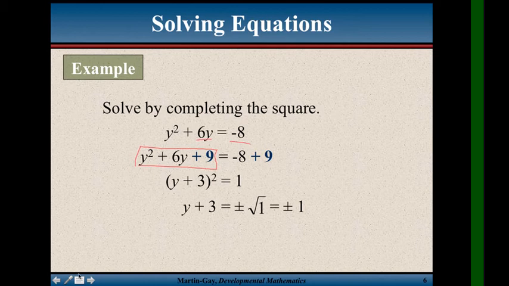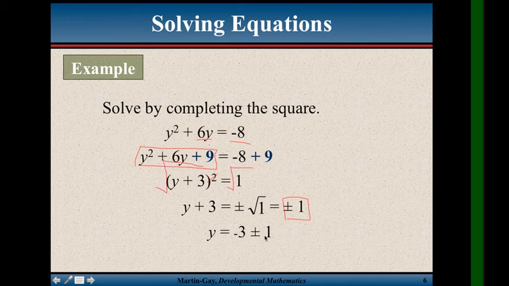So let's get the square root of both sides. We cancel the square and so we have y plus 3 equals plus or minus 1, since the square root of 1 is plus or minus 1. And then we transpose 3. It will become negative 3 plus or minus 1.